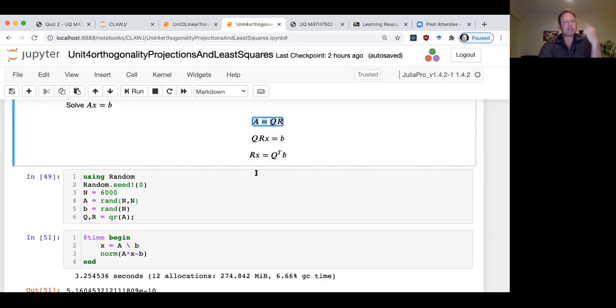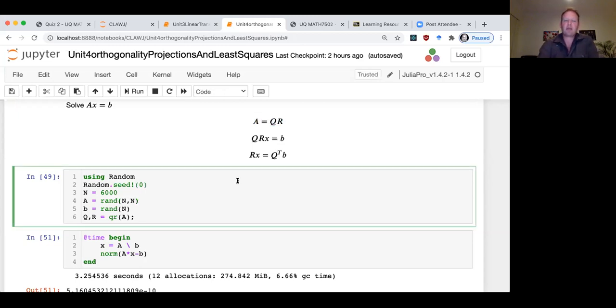And just like with an LU decomposition, you can do the factorization of the matrix once, and you can solve for many right-hand sides B. The same with the QR decomposition. You can do the decomposition once, and you can solve for many right-hand sides B. The complexity of QR decomposition is similar to LU decomposition, so we haven't gained there. Okay, but it's an alternative view.